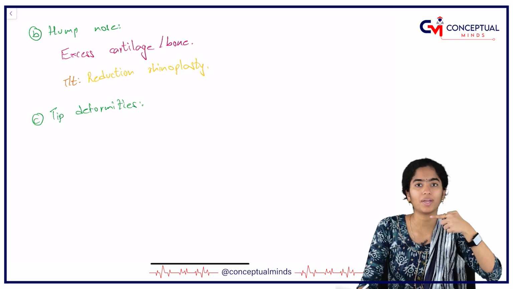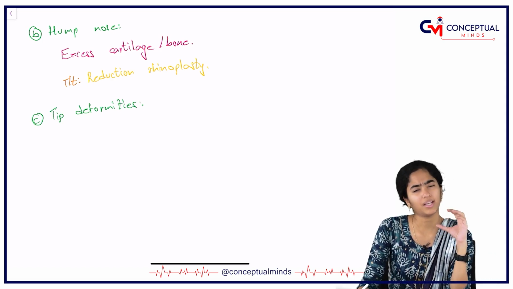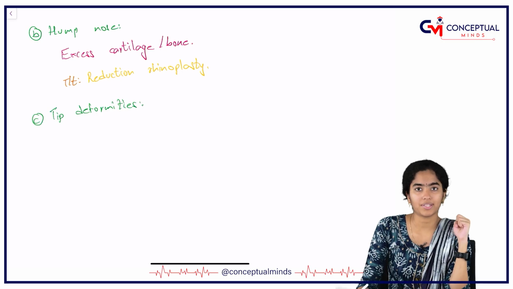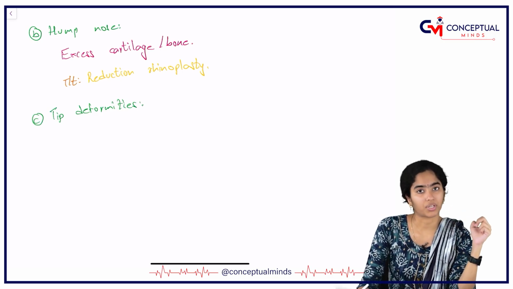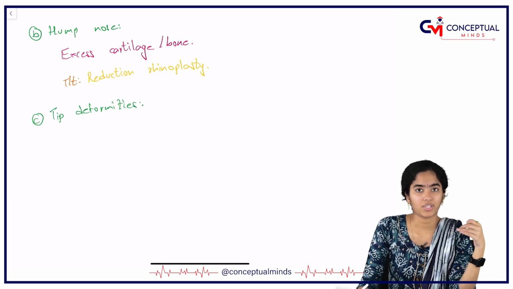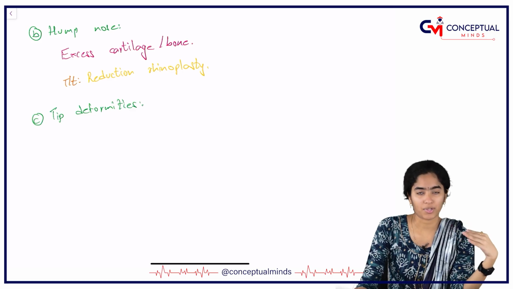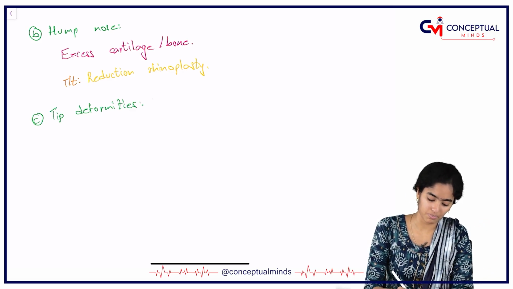Sometimes the tip comes way below. Yes, a rotated tip. Like that, various types of tip deformities are present. Now the catch with tip deformities is that the plastic surgery to repair them is quite difficult. Even for an experienced surgeon, tip deformities have to be dealt with some special care. Okay, they are difficult to correct and there are various types.